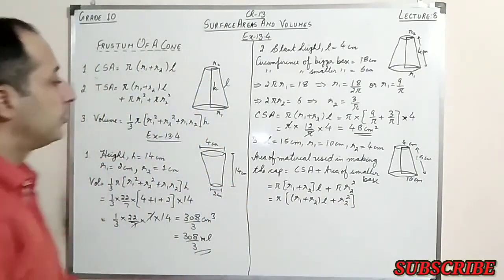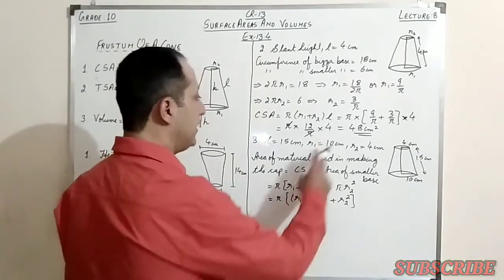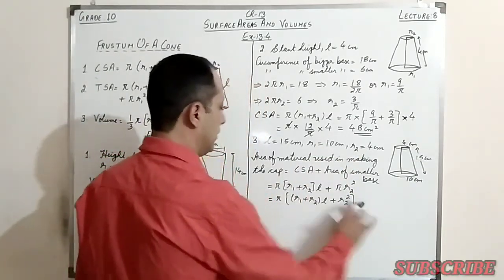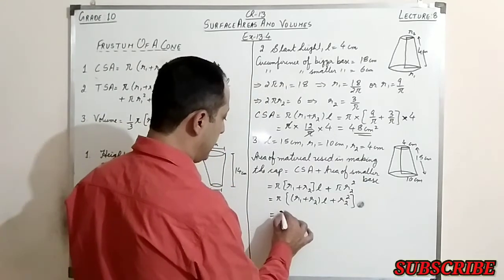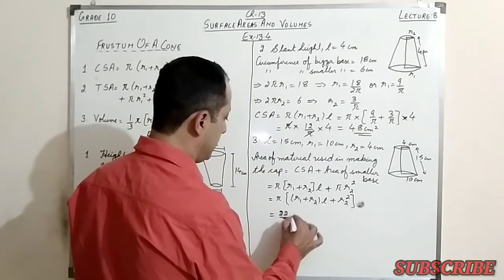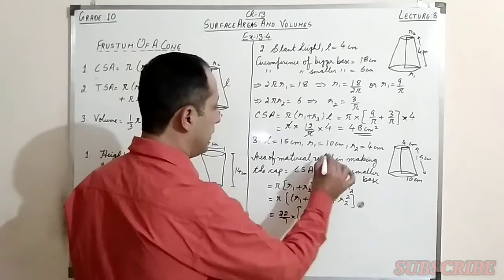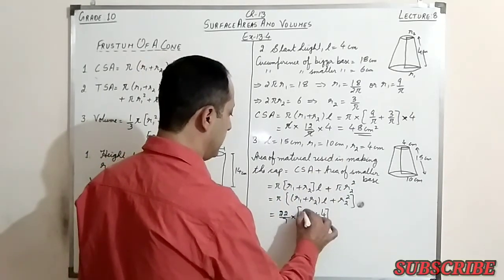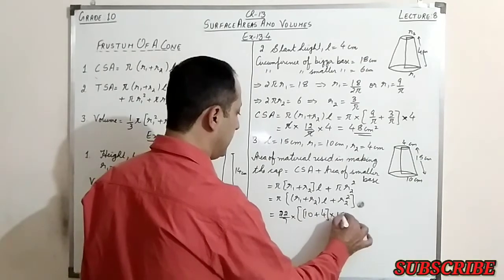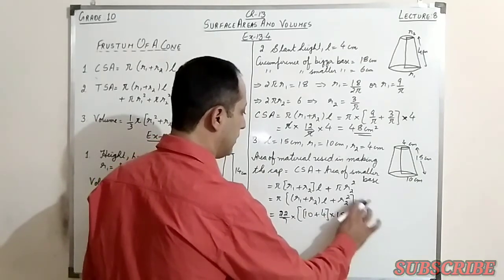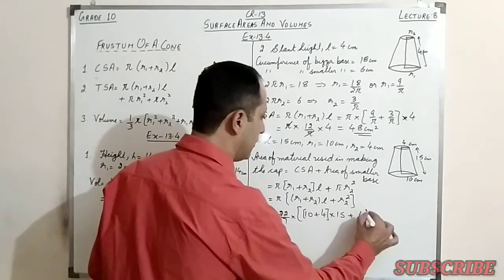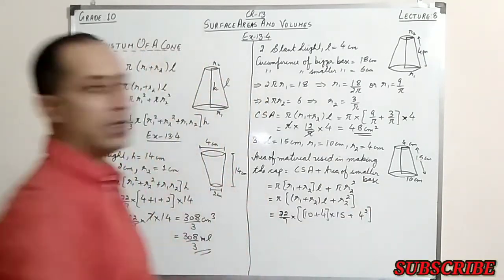Something like that. So now r1 is 10, r2 is 4. So this is 22 upon 7 multiplied by (10 plus 4) multiplied by 15 plus r2 squared, that is 4 square.